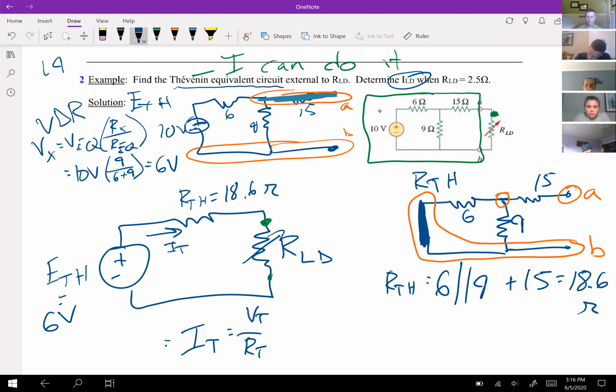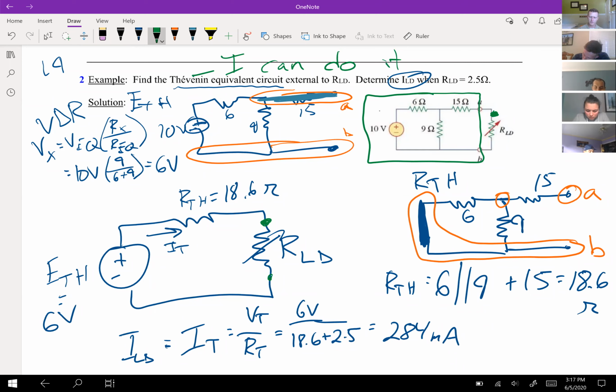I could get it with the voltage divider rule, or I could just say I total is equal to I load because it's a series circuit. The same current flows throughout. I total is I load. So V total in this case is 6 volts. R total is 18.6 plus 2.5. And that comes out to 284 milliamps.